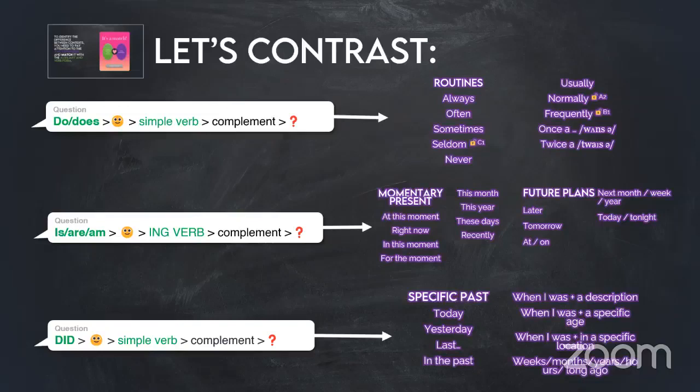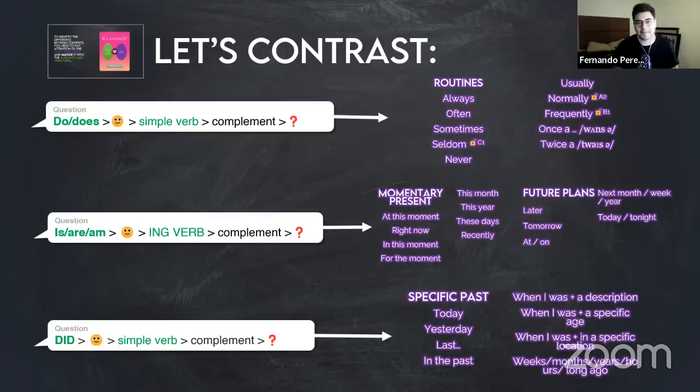For example, if I am talking with someone about a future plan, I don't have to say I go to meet you today. I have to say I will meet you today. Yes, precisely.